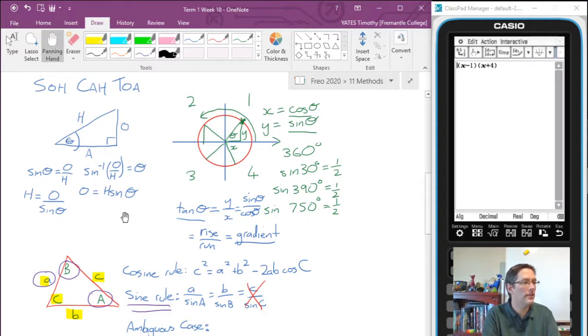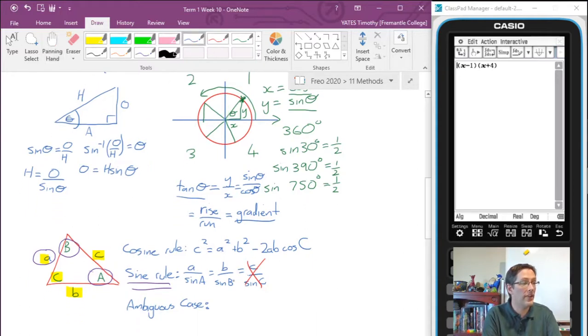What that means is that whenever you use inverse sine, you may get two answers. So there may be an acute or an obtuse answer to this one.